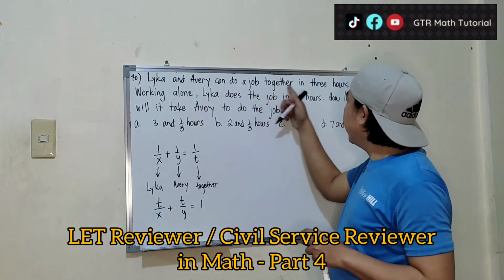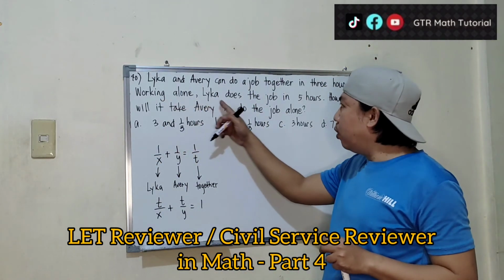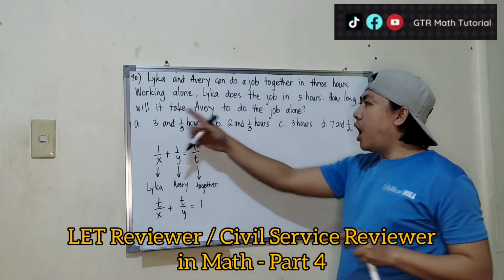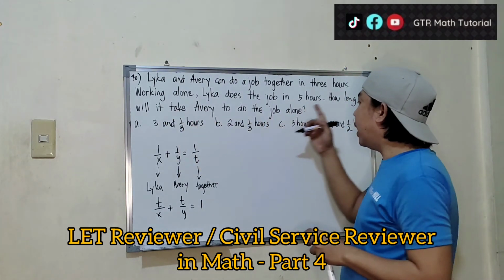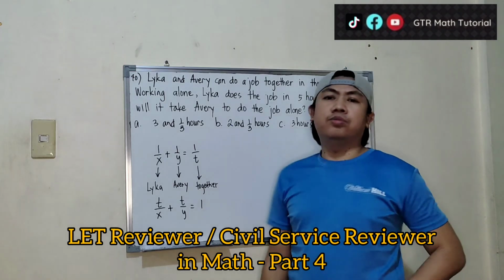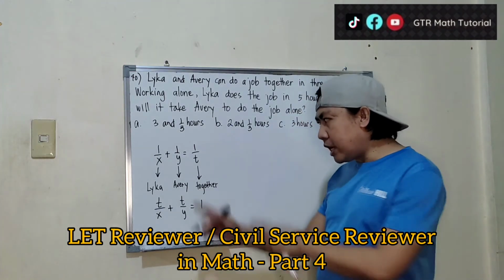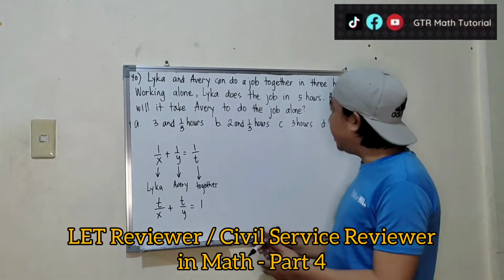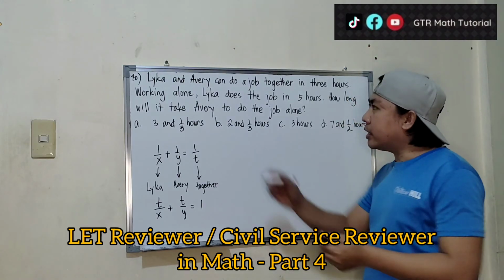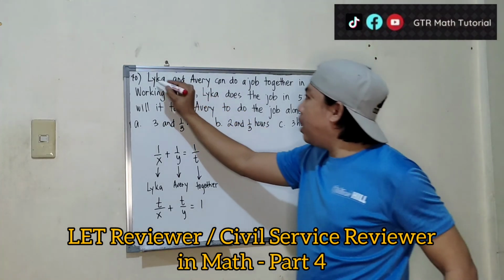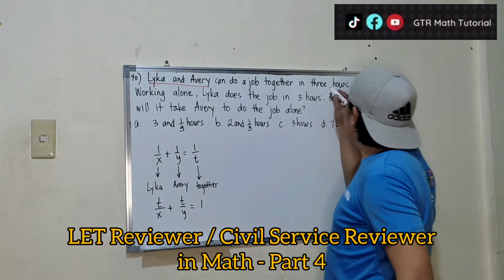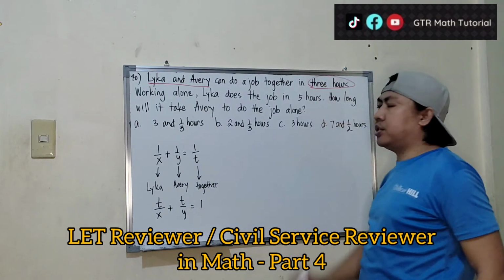So, can do a job together in 3 hours, working alone Laika does the job in 5 hours. How long will it take Avery to do the job alone? Okay, substitute lang natin yung mga given sa problem. Pag silang dalawa nagtulong, ang time daw nila, 3 hours.